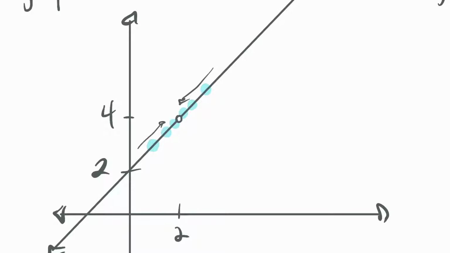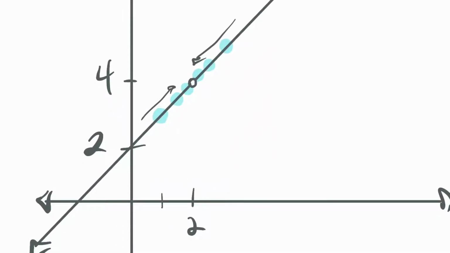When we put in 1, which would be this point here, we got 3. When we put in 1.5, we got 3.5. When we put in 1.9, we got 3.9, and I'm running out of space to do 3.99. On the right, if I go to 3, we got 5.